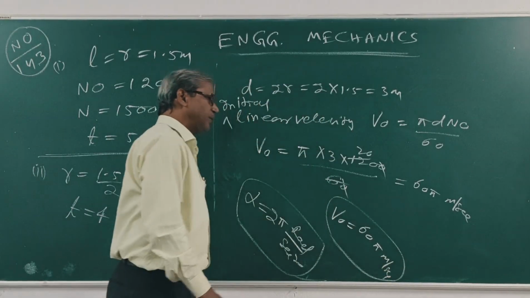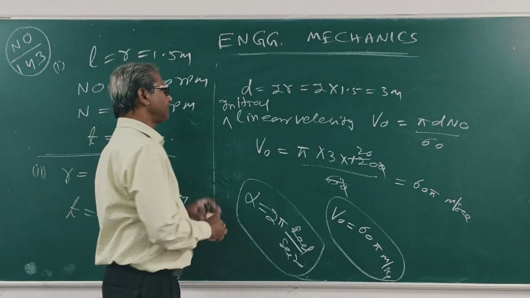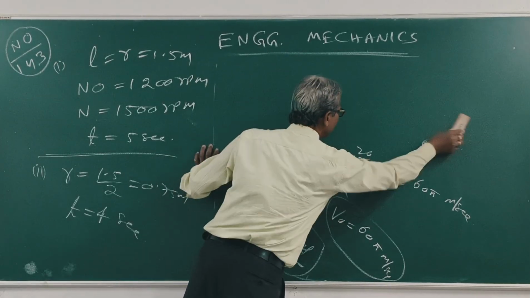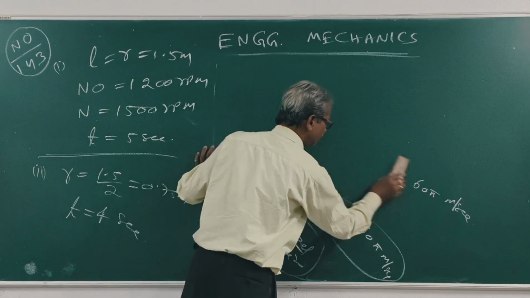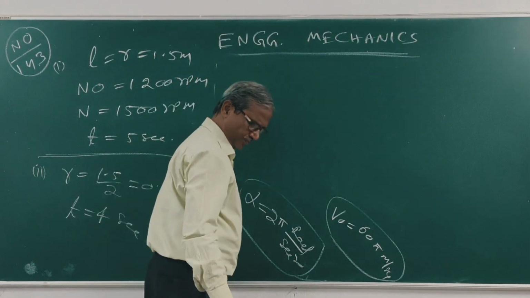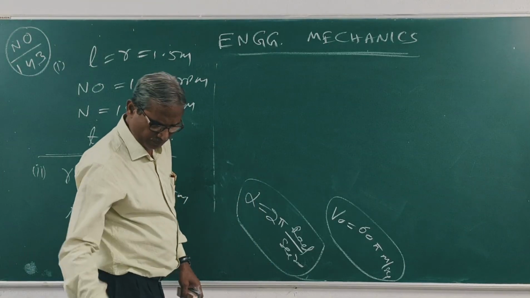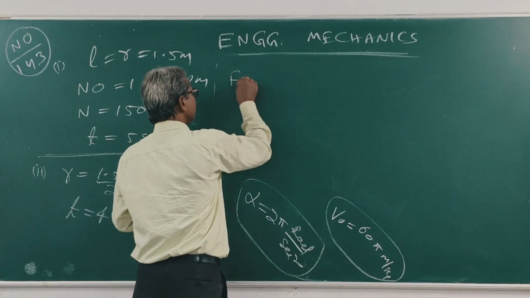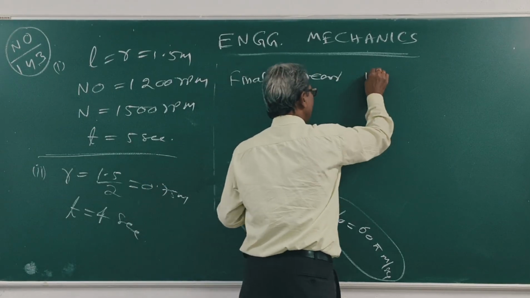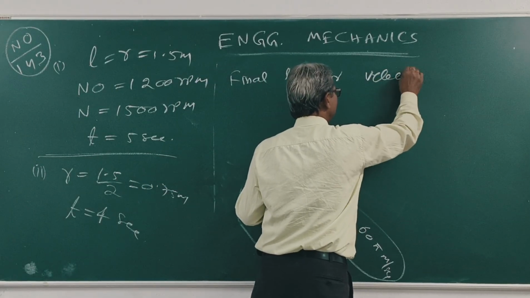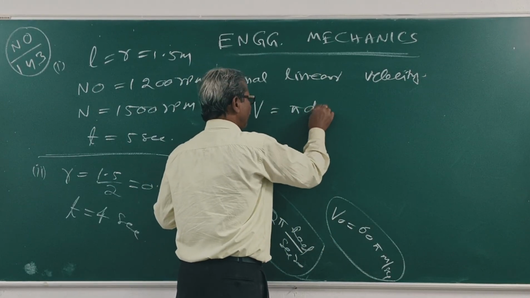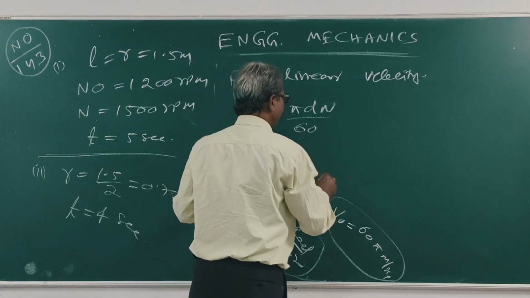Next, finally the final linear velocity v is equal to pi d n by 60.